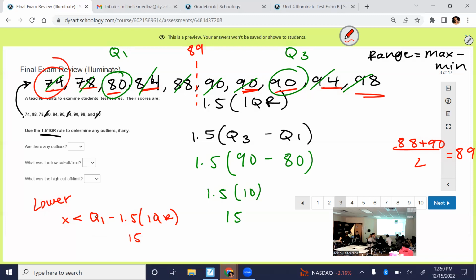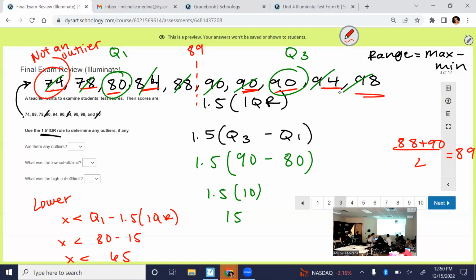What did we say Q1 is? 80. What's 80 minus 15? 65. So then is 74 smaller than 65? No, it is not smaller than 65. So this one is not an outlier.